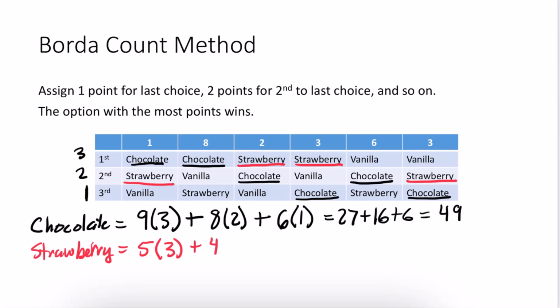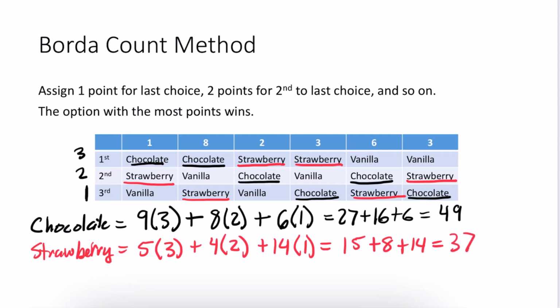So that's a total of 4 second choice votes, and each of those second choice votes gets 2 points. And then for last choice, I have 8 people plus 6 people, which is a total of 14 people. And each one of those votes gets 1 point. And so if I simplify this, I get 15 plus 8 plus 14. And that tells me when I add all of those up that the Borda count for strawberry is 37.